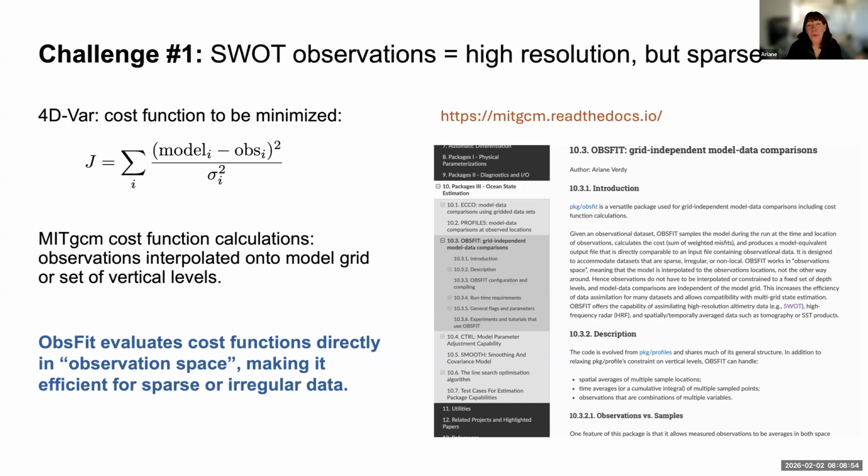So our approach has been to think in observation space rather than in model space. And we created a package which is called ObsFit that gives us a lot of flexibility in terms of how the cost function is calculated. I'm not going to talk much about ObsFit, but it is now part of the MITgcm.